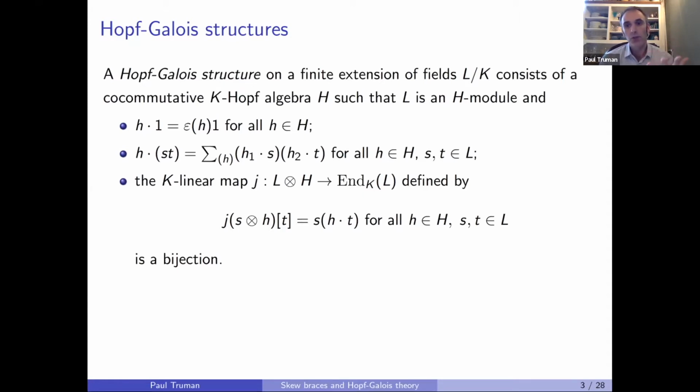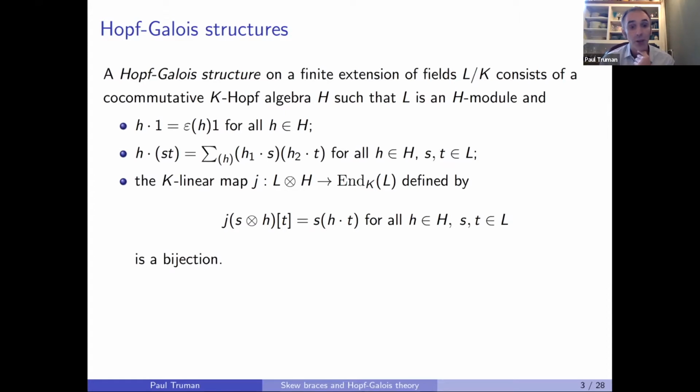So the module action of H on L needs to interact with the structure maps on H in some reasonably nice way. So specifically, if I act on the unit element of my field L, then I should get the co-unit of H multiplied by 1.